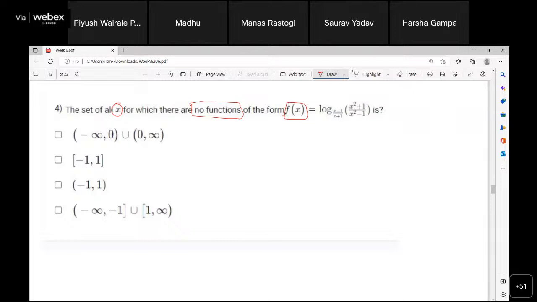So basically, you have to skip that from the domain. Yes, anyone? Just try out how to do that. What do you have to find? The value of x for which there are no functions of this particular form. No function means it should not be in the domain of that particular function. We have to exclude that from the domain.